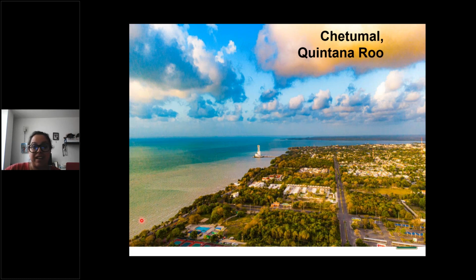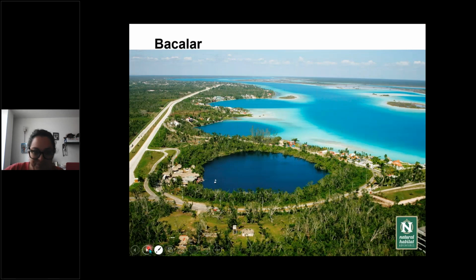And right next to Chetumal, we find a place named Bacalar. That is a little bit more touristic than other places around, but it's also a beautiful, beautiful area. This is a system of seven lagoons, and the colors vary during the year because of the algae that are present here, or the rains or the currents that are coming, because this is also an estuarine lagoon.